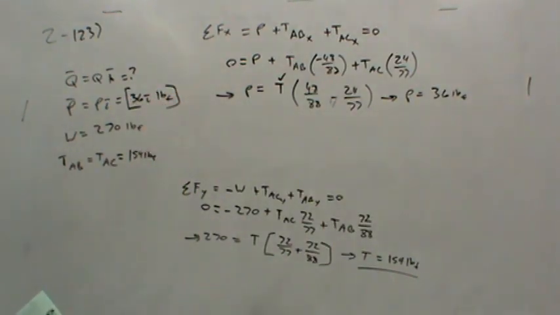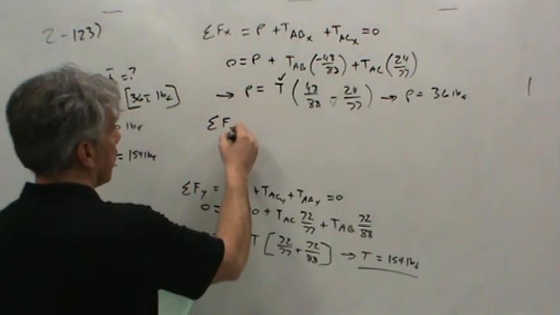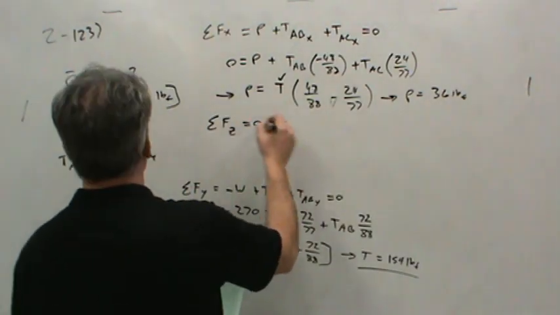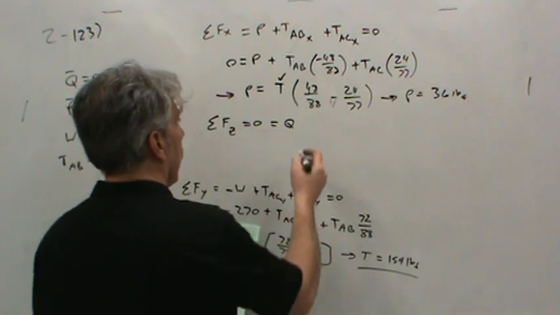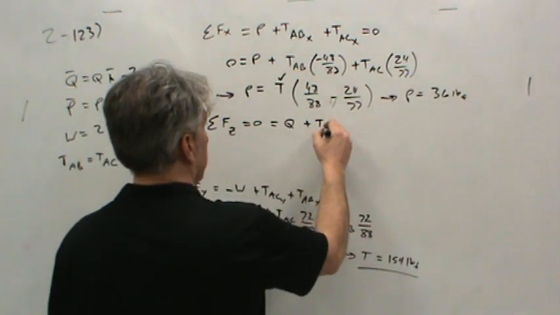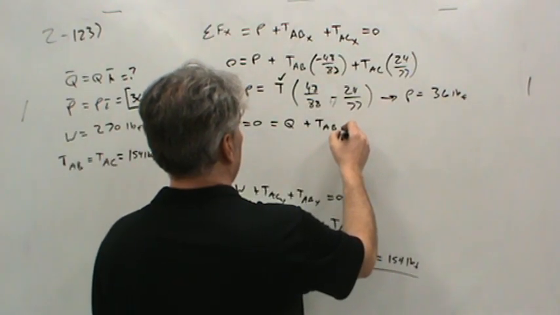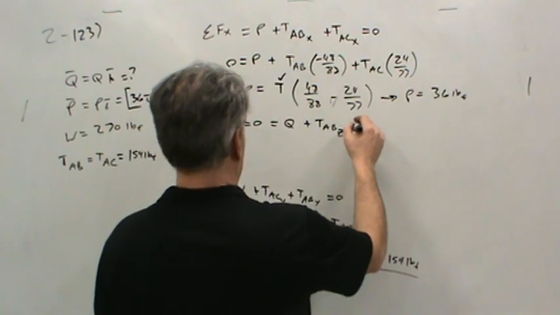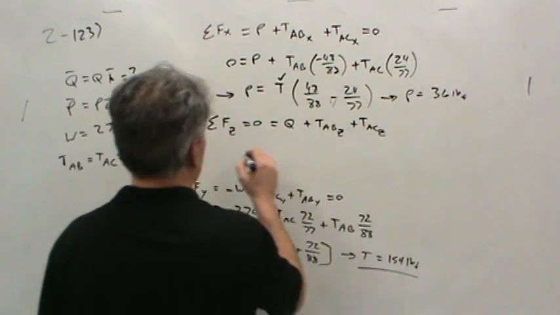That's P. Summing the forces in the other horizontal direction, Z, I should also get 0. But in the Z direction, I've got Q acting, plus I've got the tension in AB in the K direction, so we call that Z, plus the tension AC in the Z direction.